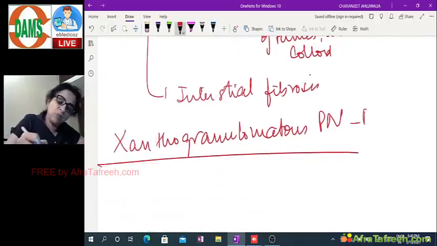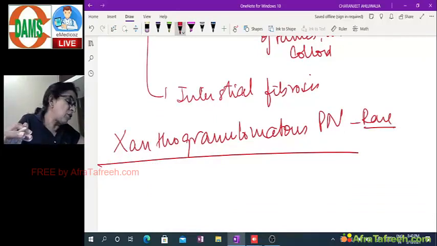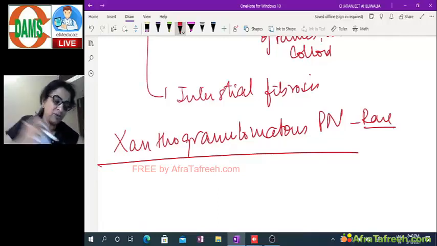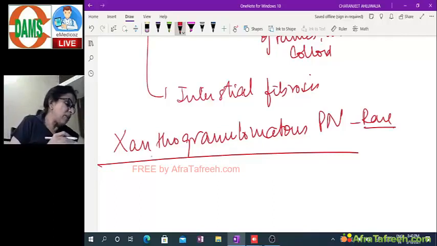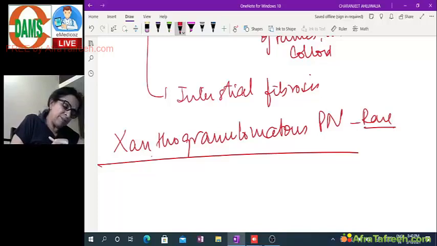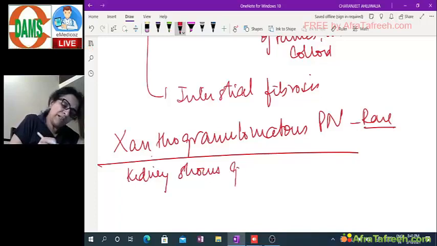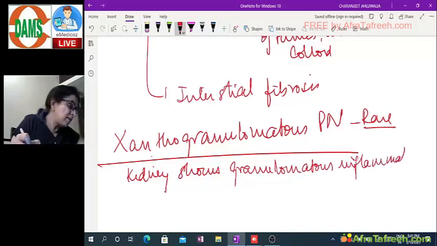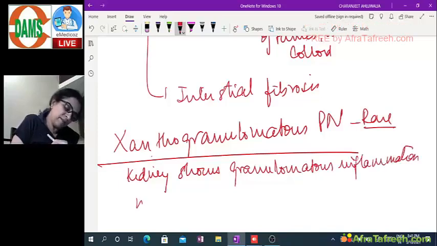This is rare. And what is the characteristic feature of xanthogranulomatous? There is a lot of kidney damage. There is granulomatous inflammation with numerous macrophages. So the interstitium of the kidney shows granulomatous inflammation with foamy macrophages.